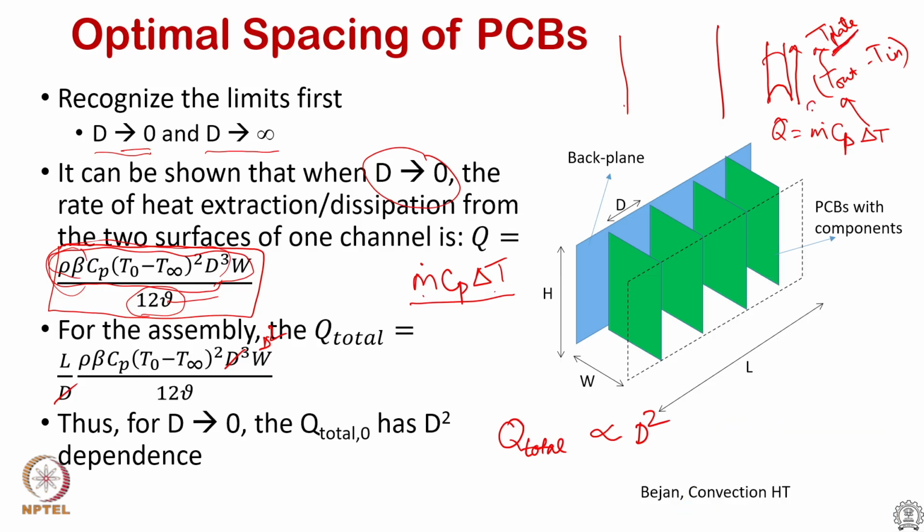However, how do we calculate m dot? It was not clearly discussed in the last session, but we will discuss it here. m dot is equal to rho into the spacing d, times w, w being the width, times the velocity. In this case, the velocity we will assume is u.